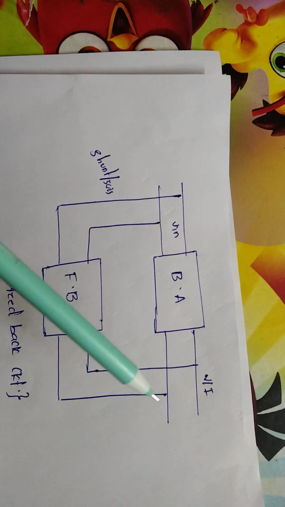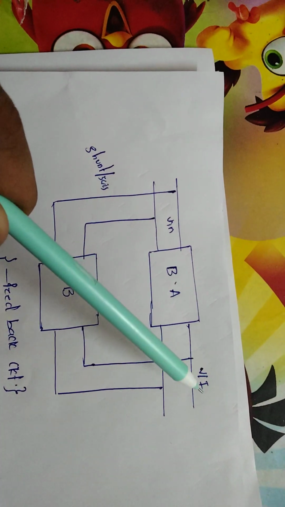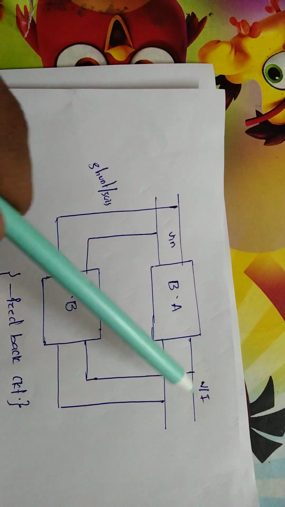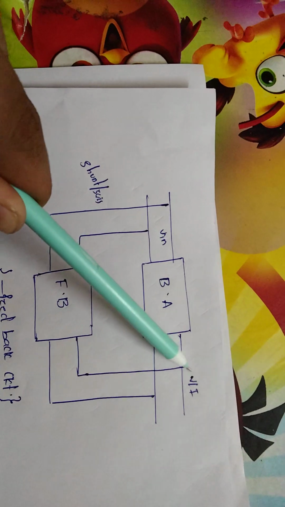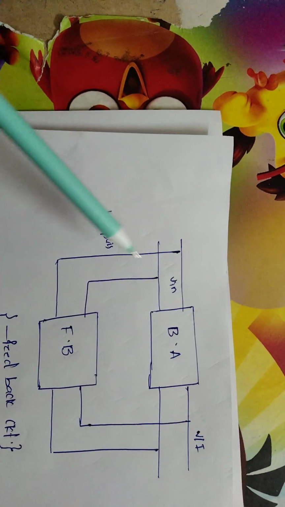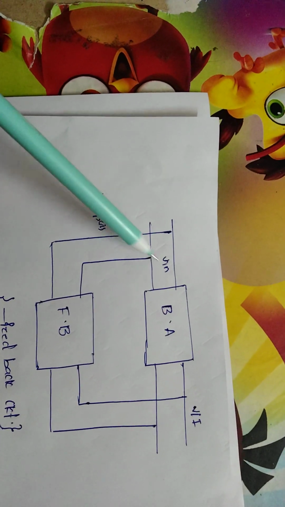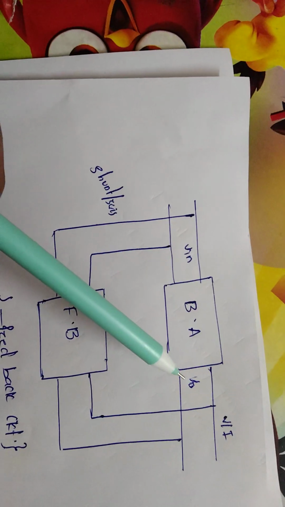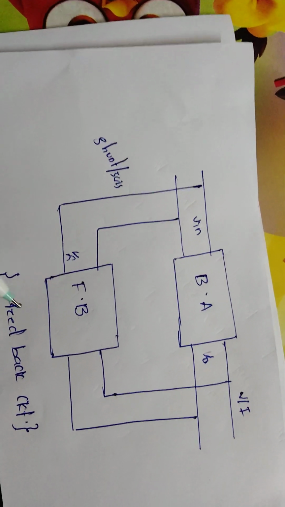In the sampling circuit we can have voltage and current. This connection we call voltage because the connection between the basic amplifier and the feedback network is in parallel. In the mixer circuit it is also in a parallel way, so we call it shunt. Here we input voltage Vin, have the output voltage, and then consider the feedback voltage. This is the basic circuit of feedback.